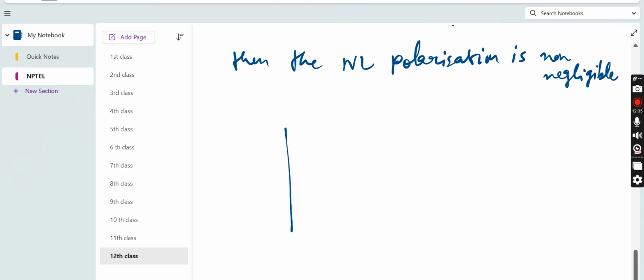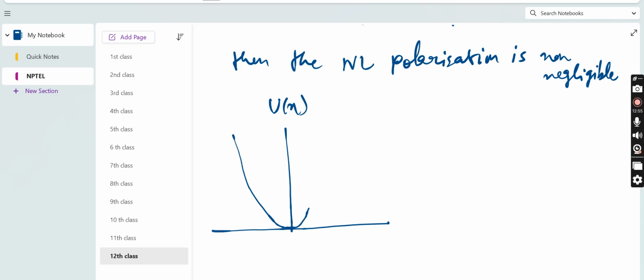So we know that the potential for a harmonic oscillator is generally like this.